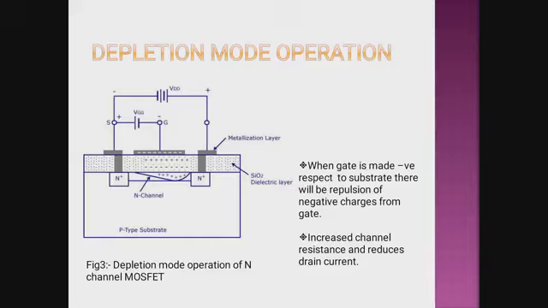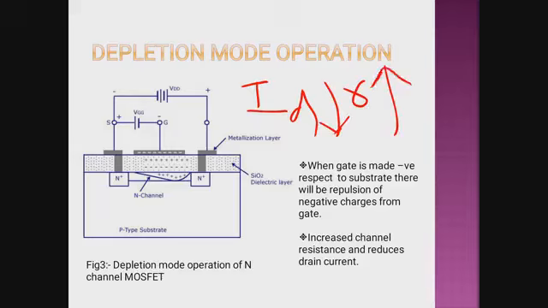And that is why the channel resistance has been increased due to the increase of the width of the depletion layer and reduces the drain current ID. Drain current is basically denoted by ID. ID is reduced and channel resistance is increased. This is the basic operation of depletion type MOSFET.